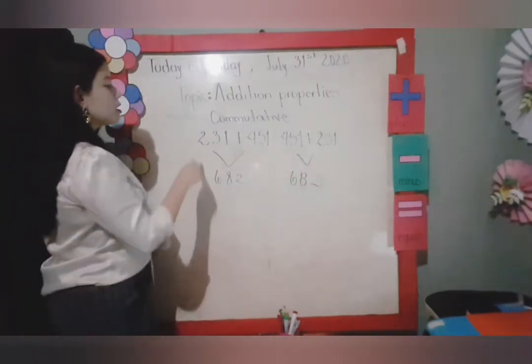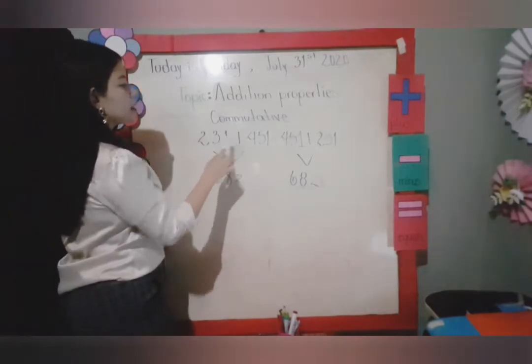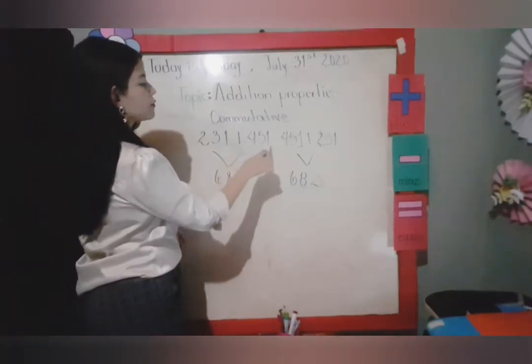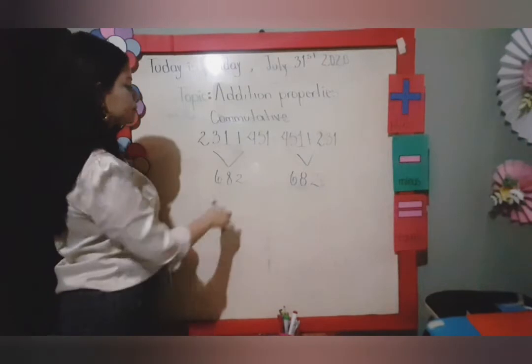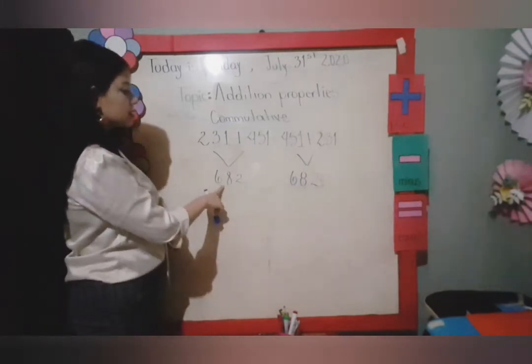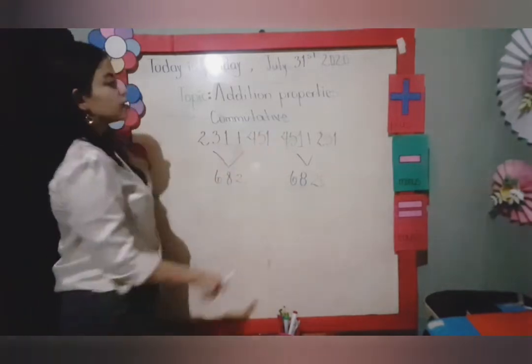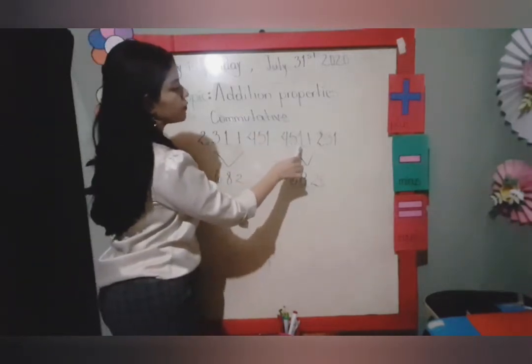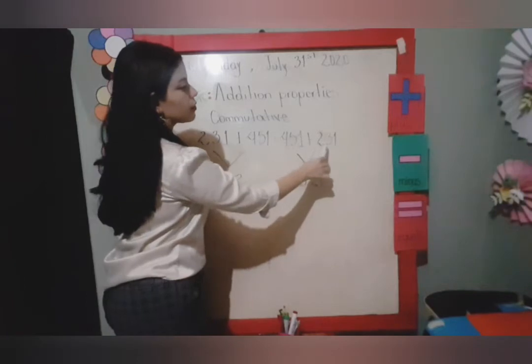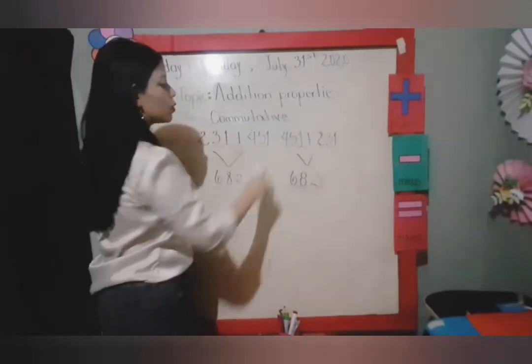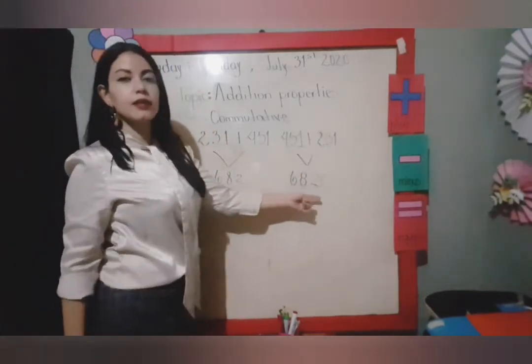For example, 231 plus 451 is equal to 682. Now, this part, 451 plus 231 is equal to 682.